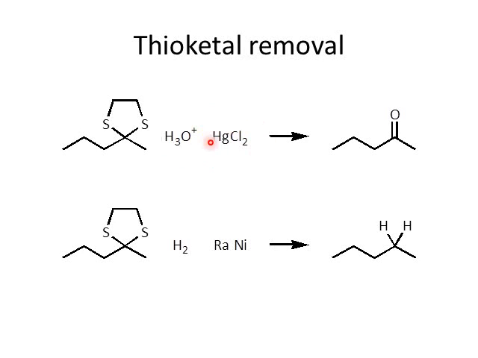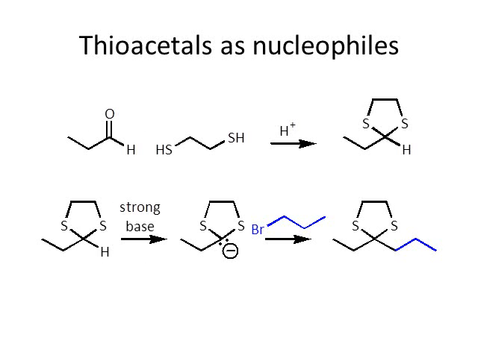Acid and mercury 2 will get rid of this and replace it with a C=O double bond, just like a ketal can be treated with acid and water to make back a ketone. But another good reaction is you could reduce away these bonds. If you broke these bonds with hydrogen and Raney nickel, that's a heterogeneous catalyst, we'll just get rid of the sulfurs altogether.